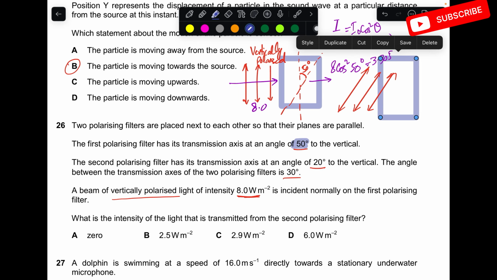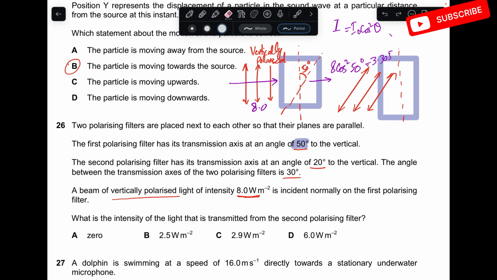The angle between the transmission axes of the two polarizing filters is 30 degrees.